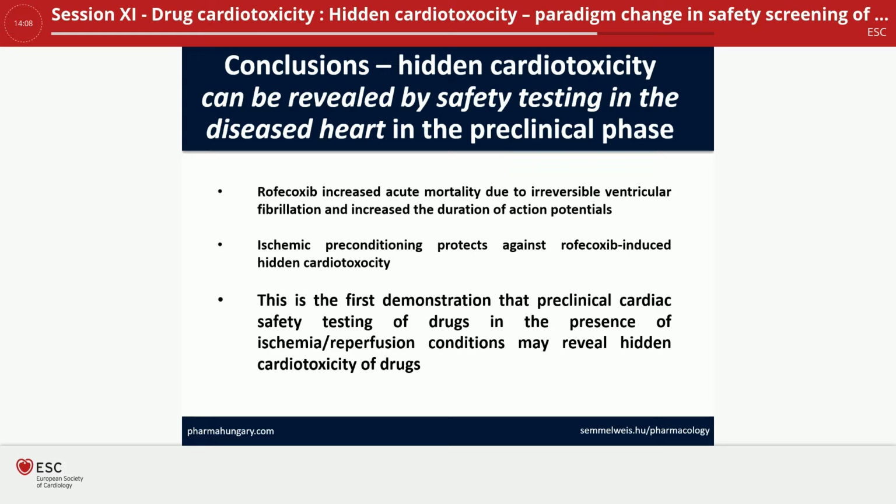Another interesting phenomenon is that ischemic preconditioning protected against this rofecoxib-induced hidden cardiotoxic effect, but on the other hand, rofecoxib was able to directly protect against ischemia reperfusion injury, so it has a mixed effect so far.